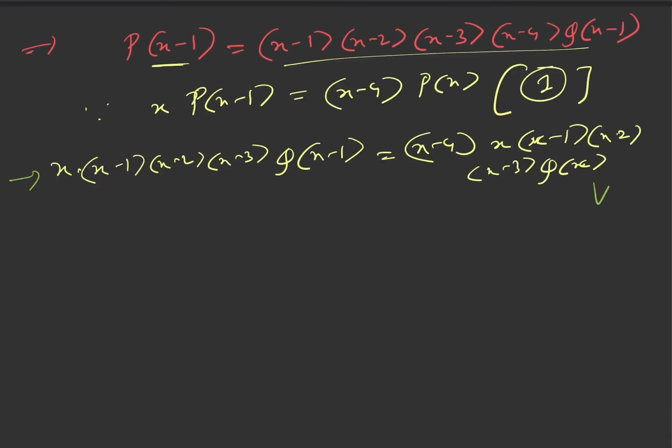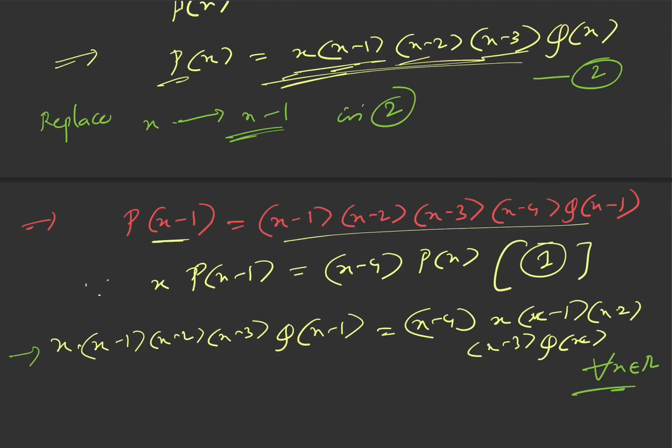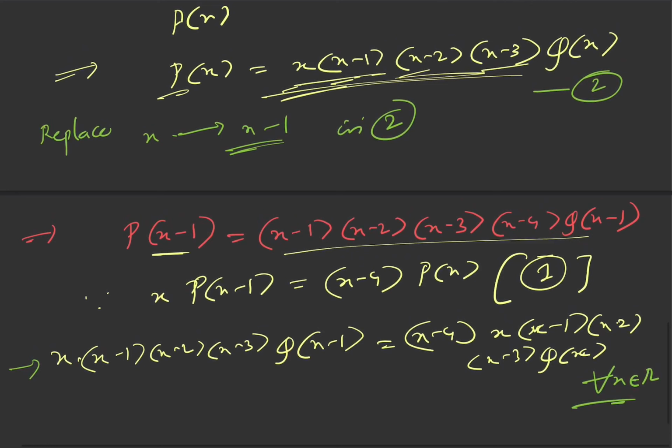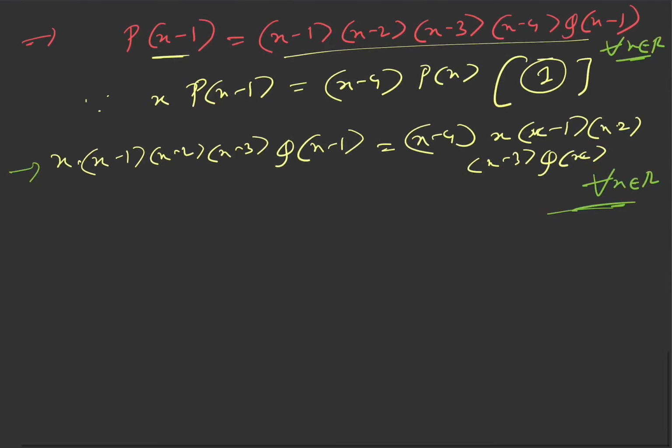So we have this for all x belongs to R. This is true for all x belongs to R, because the given equation was true for all x belongs to R, and this is also true for all x belongs to R. So now I can just cancel all these things. x minus 1, x minus 2, x minus 3 get cancelled.